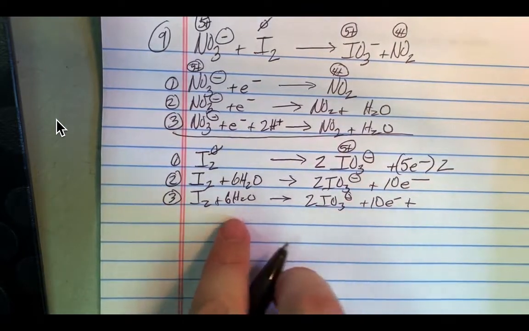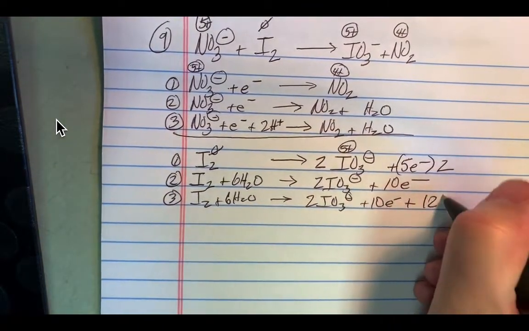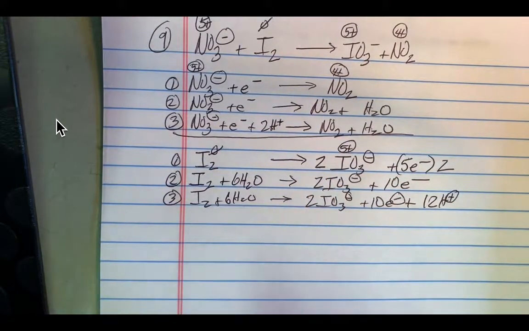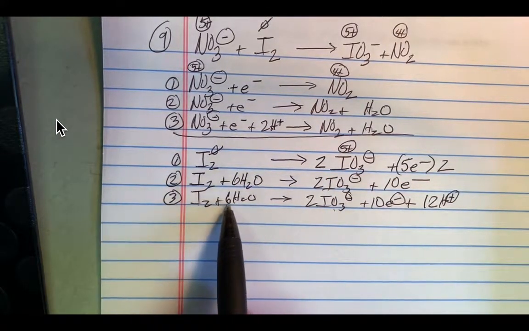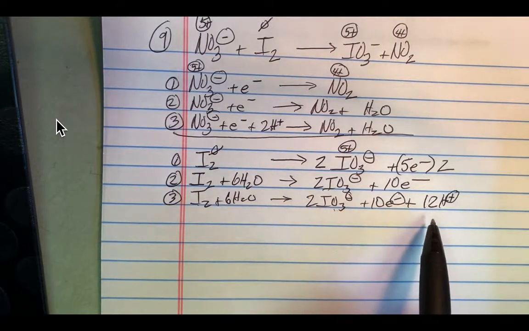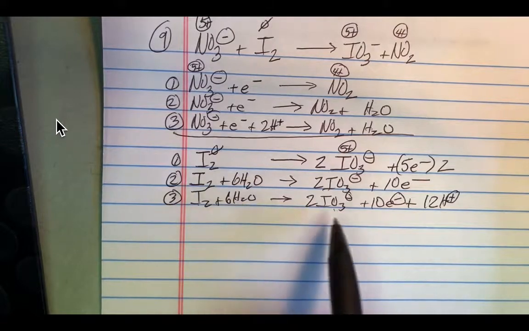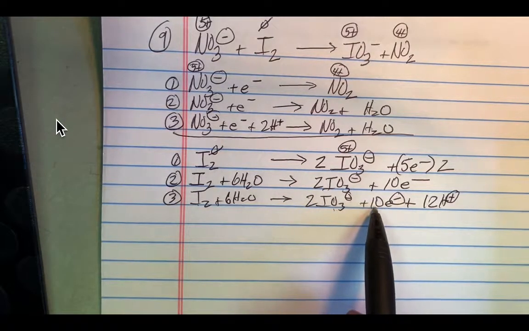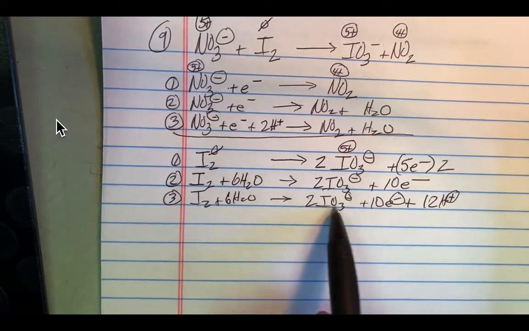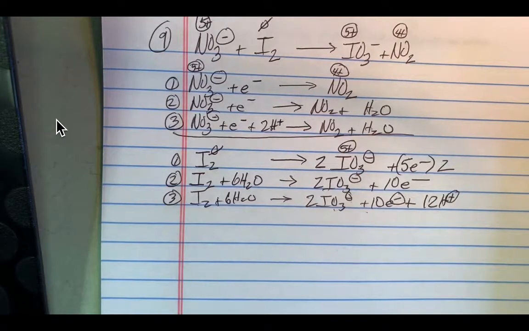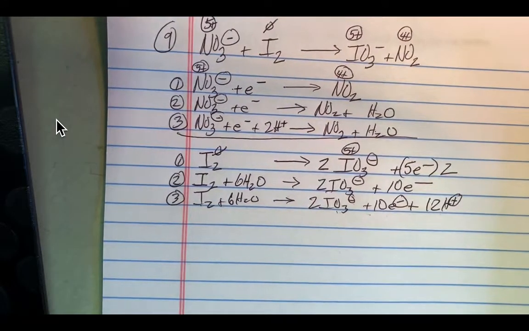Okay, I have 12 hydrogen atoms, so I'm going to add 12 H pluses. And this is all balanced now. 2 iodines, 6 oxygens, 12 hydrogens, 12 hydrogens. There's no charge over here, and there is 2 times 1, 2 minus, plus 10 minus gives me 12 minus, plus 12 plus gives me a neutral charge on both sides. So those guys are good to go.